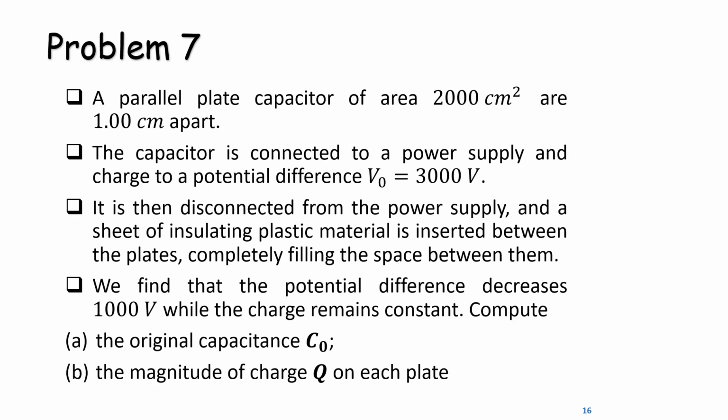Okay, so let us start with the given. So what are the given? We are given the area of the plate, which is 2000 centimeters squared. If we convert this to meters squared, this is equal to 0.2 meters squared. And then the separation distance is 1 cm, so this is equal to 1 times 10 to the minus 2 meter.